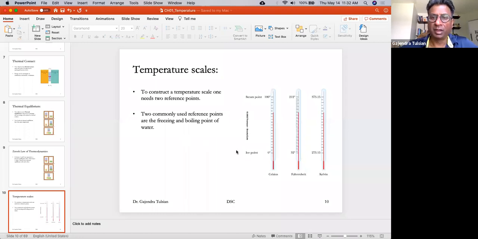Anyway, to summarize again, to build a temperature scale, what you need is 2 physical phenomena that occur at the same temperature.